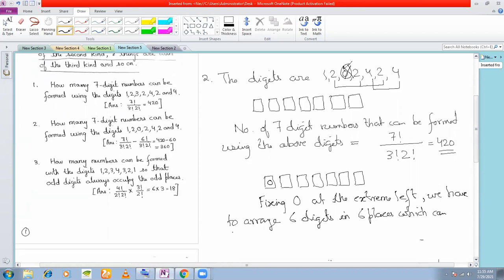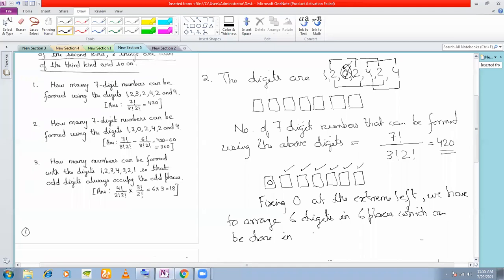There are 6 places here and there are 6 digits. Normally, if all the digits were different, we could have arranged this in factorial 6 ways. But here certain digits are alike. 2 is repeated thrice and 4 is repeated twice.